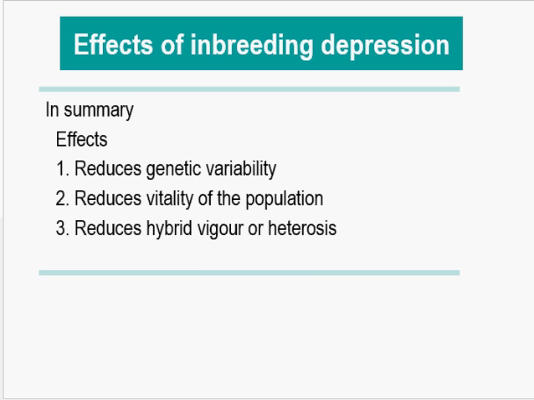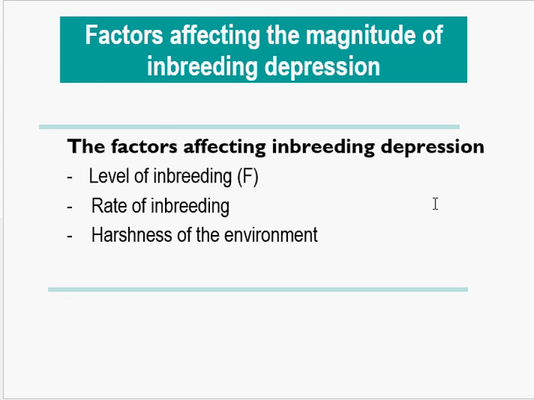So factors which affect inbreeding depression: the level of inbreeding. Obviously, the more inbreeding that you have, the more inbreeding depression you have. The rate of inbreeding is also very important. So the increase in the level and the increase of rate of inbreeding increases inbreeding depression. And finally, the harshness of the environment.